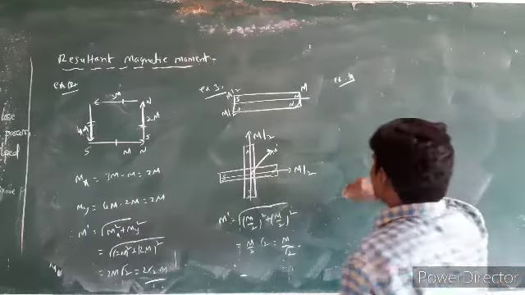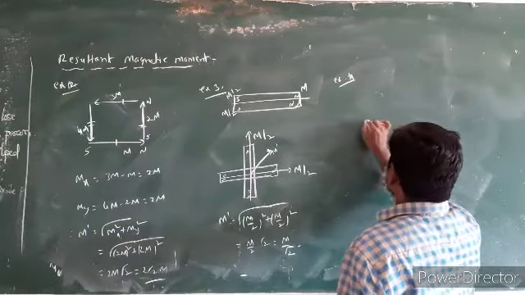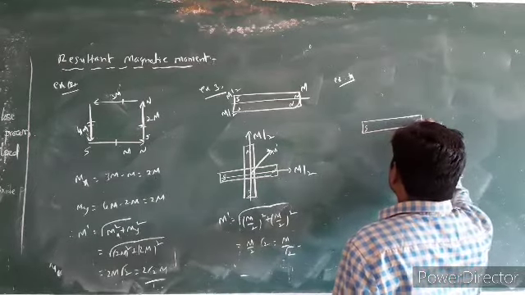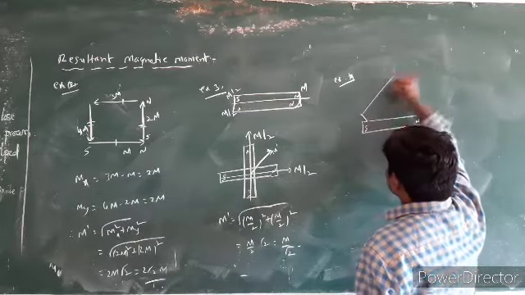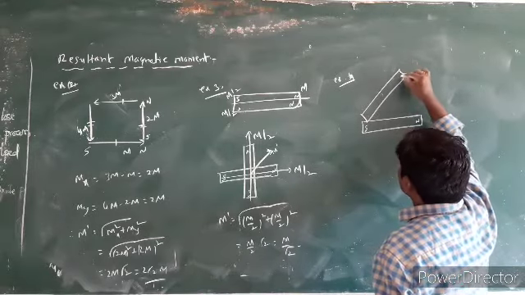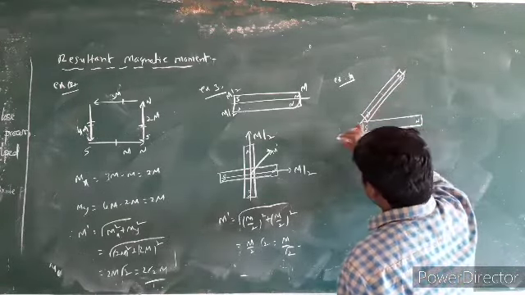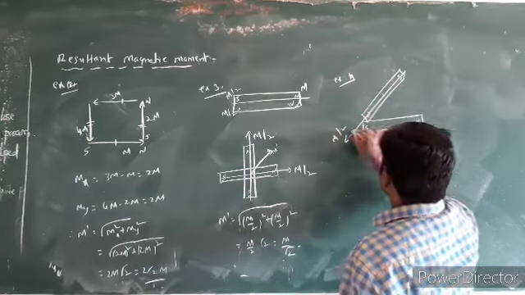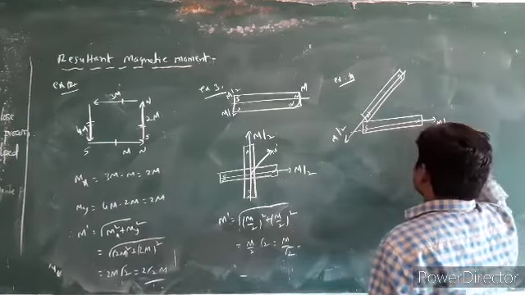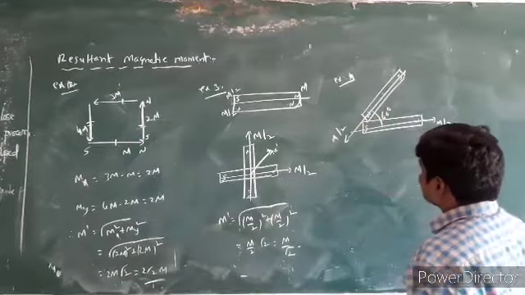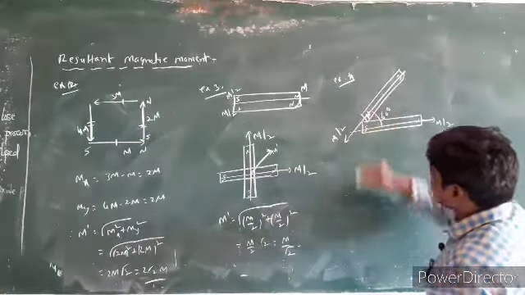In the same case, the two pieces are arranged like this: south pole, north pole; south, north. The magnetic moment of this is M by 2, and this is also M by 2. The angle between the axes is 60 degrees. Here, unlike poles are in contact.